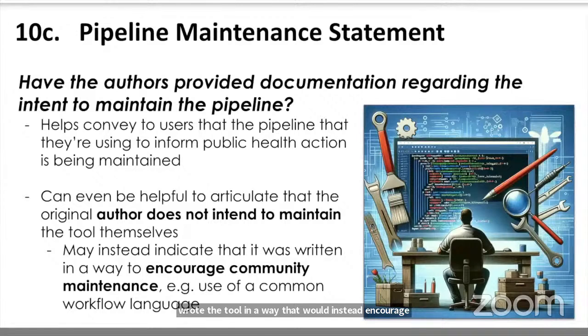For example, if the original author wrote the pipeline using a standard workflow management system like Nextflow or WDL, this would dramatically reduce the burden of maintenance for the original author. And instead, it could be a tool that is maintained by the broader developer community. Either way, including in your documentation some kind of statement regarding the maintainability of the pipeline itself can be incredibly valuable.